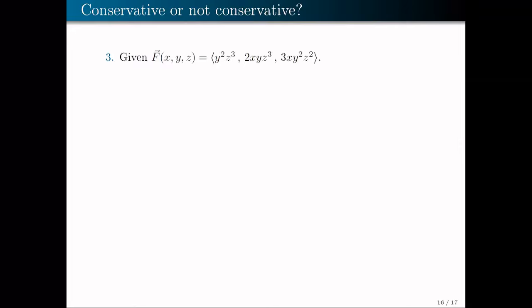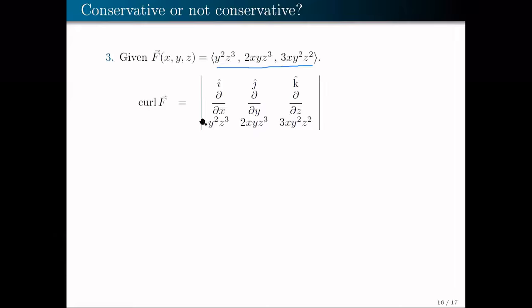In number 3, the vector field F is on R3, whose components are given as follows: y squared z cubed, 2xy z cubed, and 3xy squared z squared. Since F is in R3, from the theorem that we had earlier, it suffices to show that the curl of F is 0 for F to be conservative. Computing the curl of this vector field, we have the following setup.